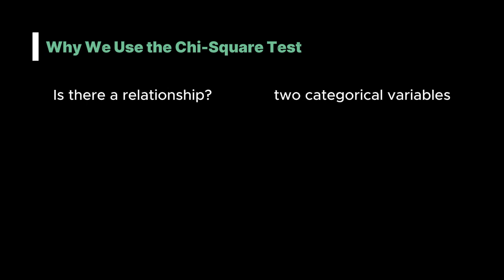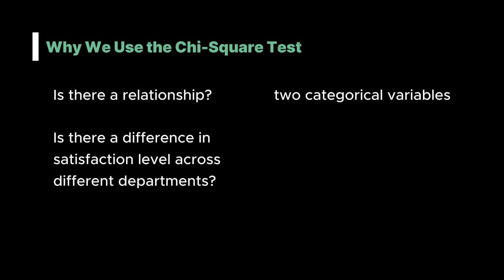The chi-square test is a tool you use to answer a critical question. Is there a meaningful relationship between two categorical variables? For example, you might ask, is there a difference in the satisfaction level across different departments?